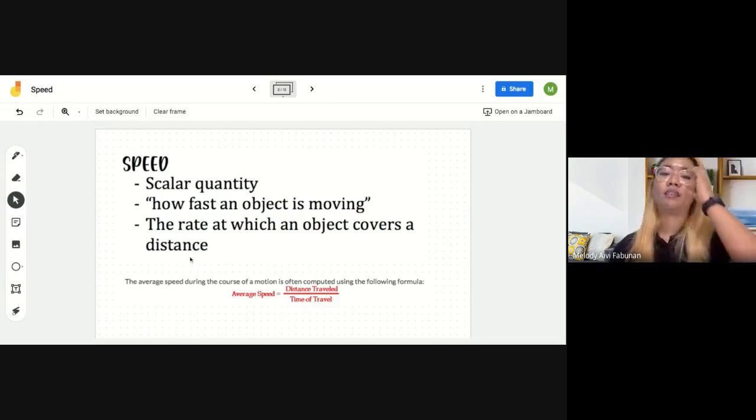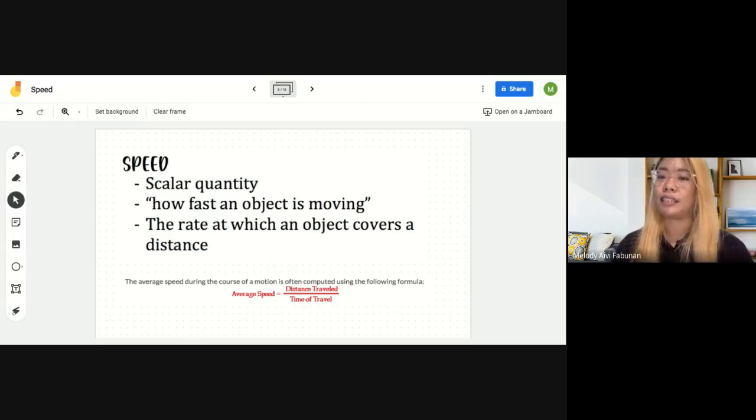We are not talking only about the least time. What we are talking about is how far it got in a short time. If the distance is the same for two objects, the faster object is the one that can cover that distance in the shortest amount of time. But if two objects have the same time, the faster one will always be the one that can cover the most distance.